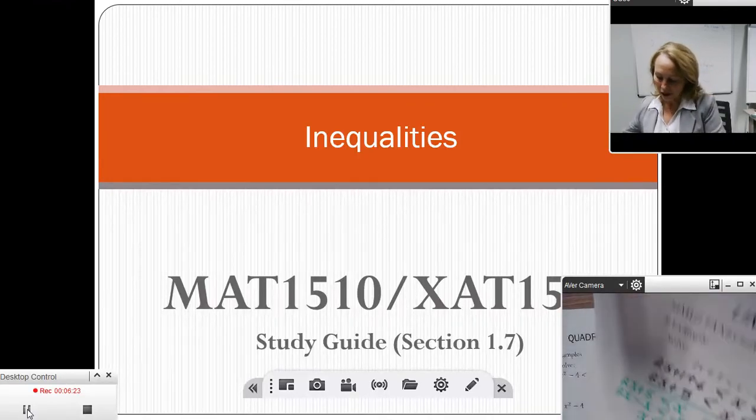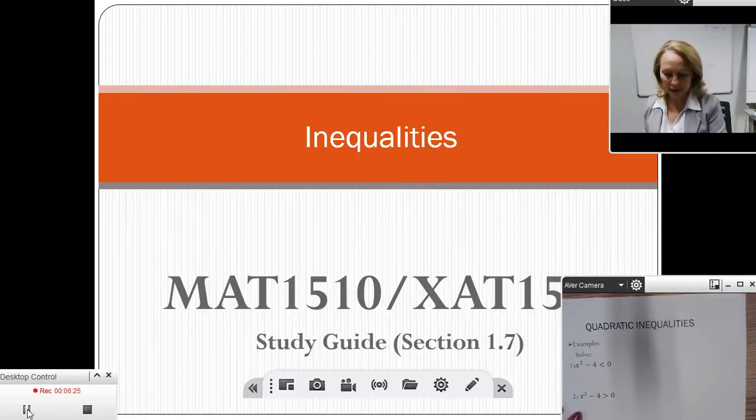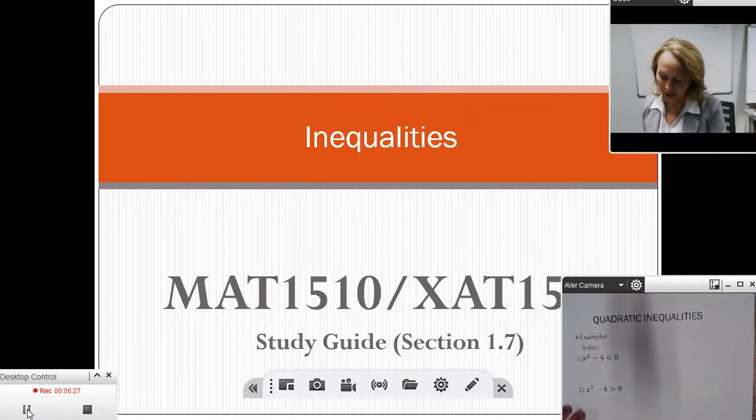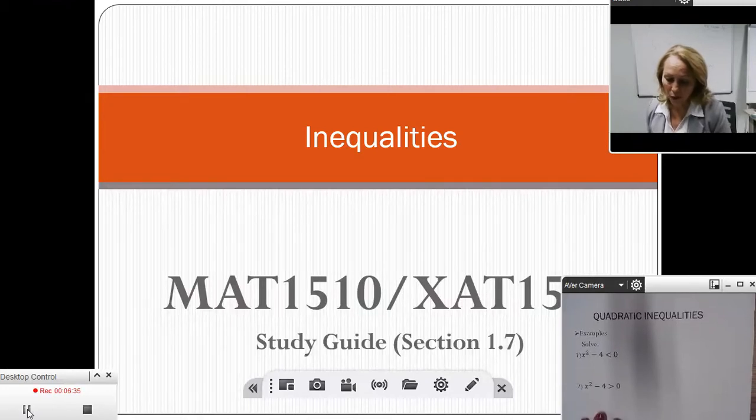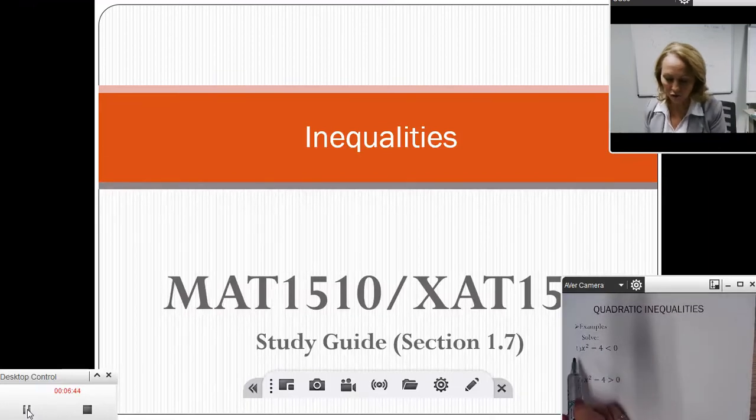All right. The next type of inequality is the quadratic inequality. Now, as you all know, quadratic comes from the terminology that we use when we're dealing with polynomials of degree 2. So let us solve the first quadratic inequality, which asks us to solve for x squared minus 4 is strictly less than 0.